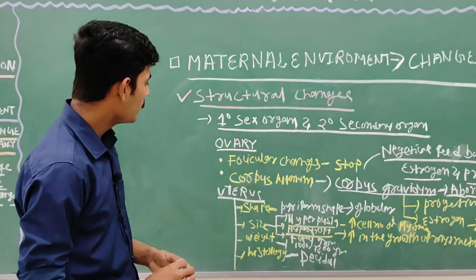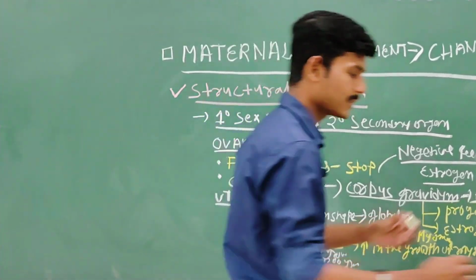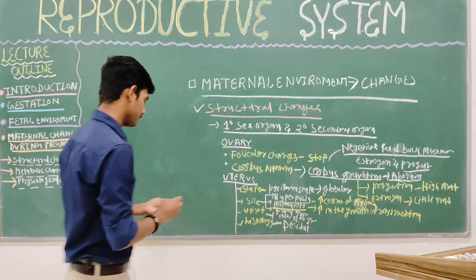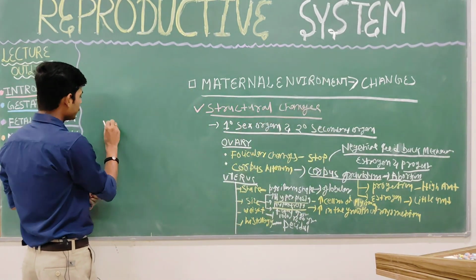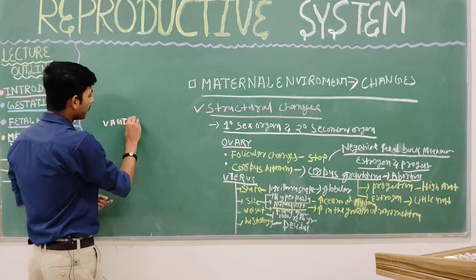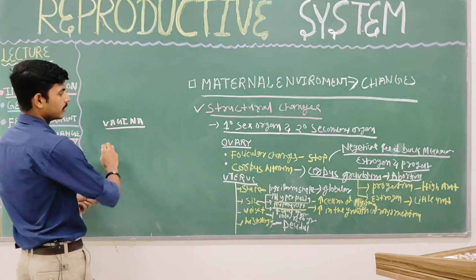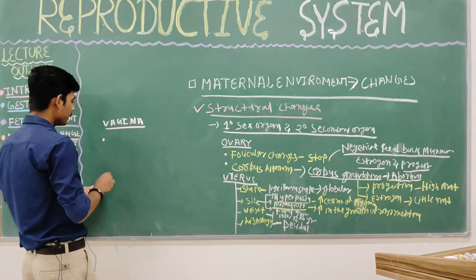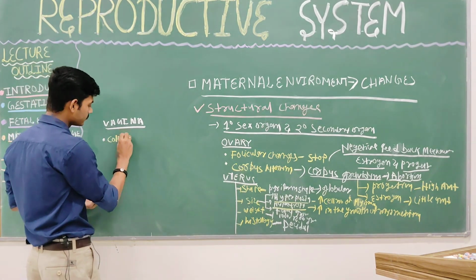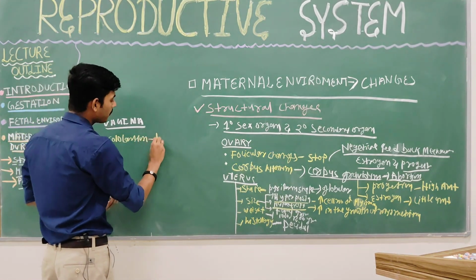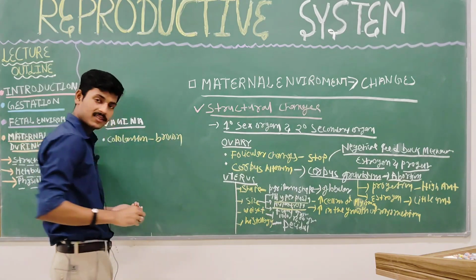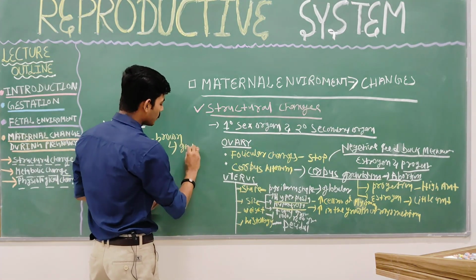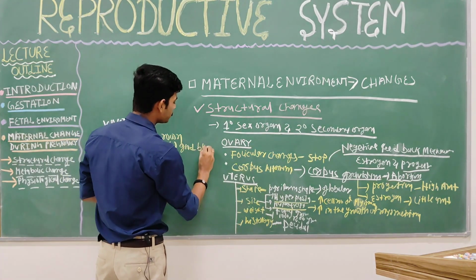Now once we have dealt with the ovary and uterus, let's move ahead and discuss the vagina. The vagina mainly undergoes changes in coloration. The color becomes brown due to the high supply of blood.